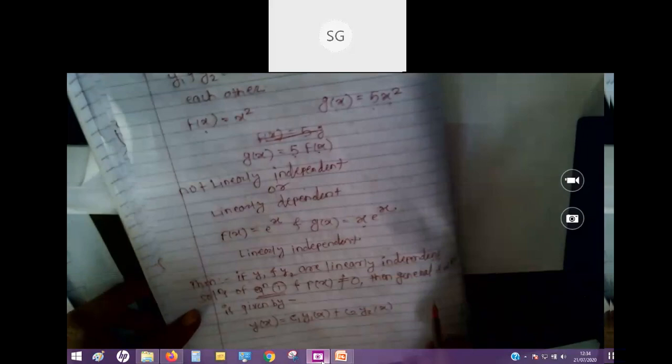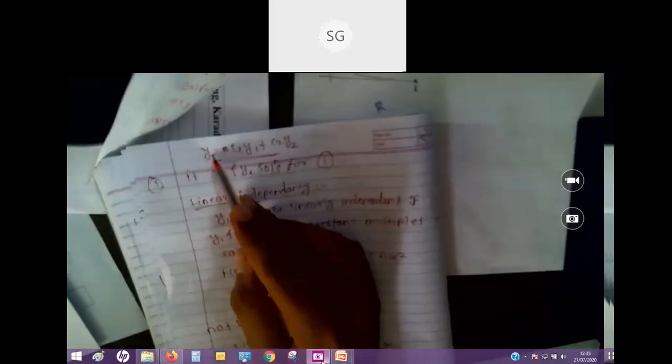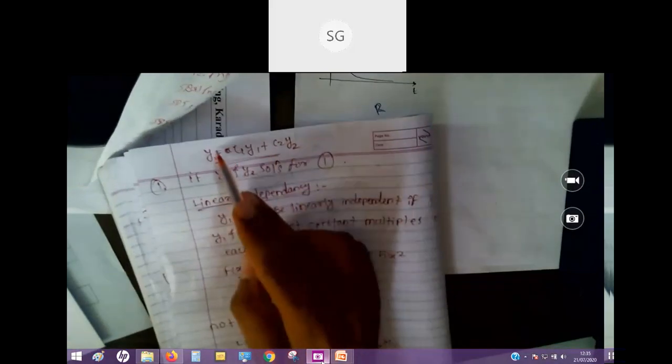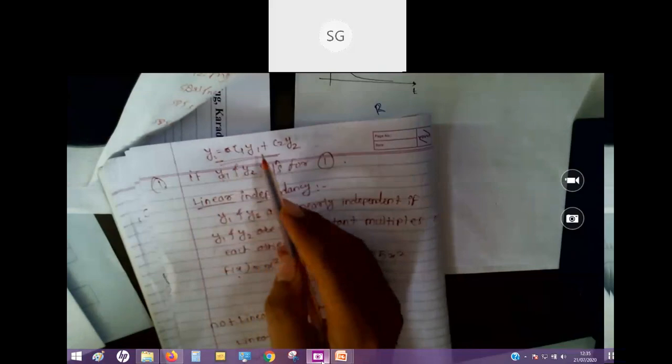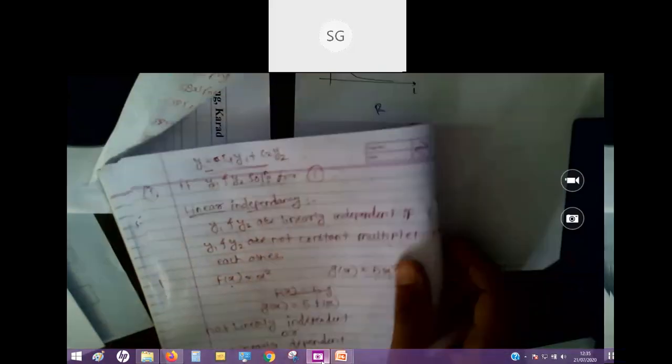Please remember that earlier we proved that y equal to c1 y1 plus c2 y2 is a solution. Now we have included the functions y of x equal to c1 y1 of x plus c2 y2 of x. How is this possible?